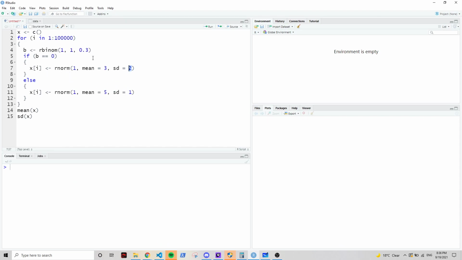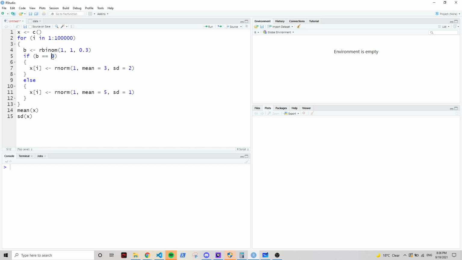So before I run it, I'll show you what's going on here. So I have this variable b, which is a Bernoulli random variable. I'm pulling one random variable, and this just goes from 0 to 1, with a 30% success probability.